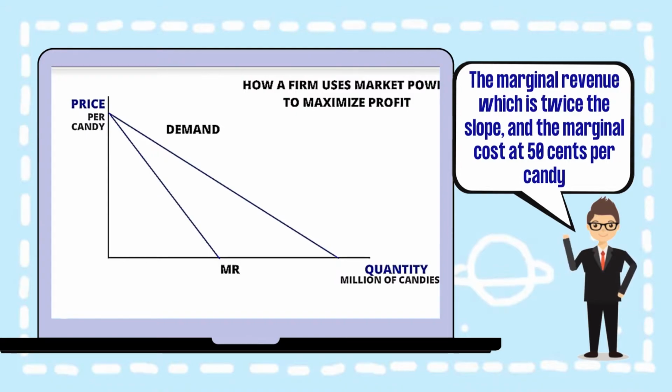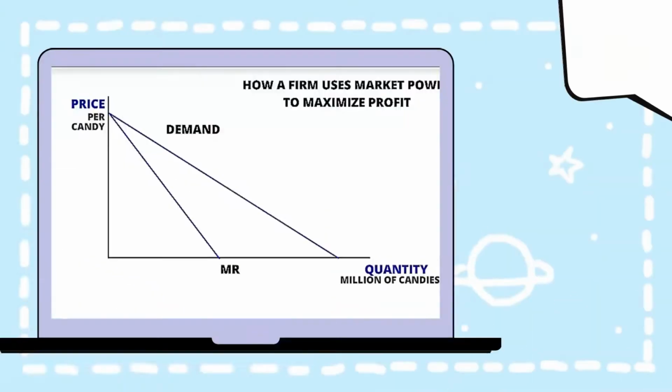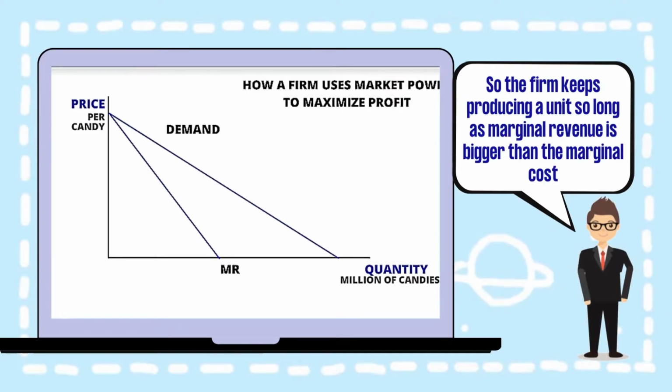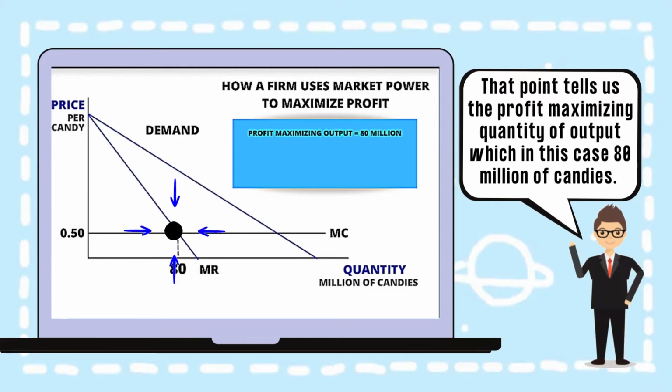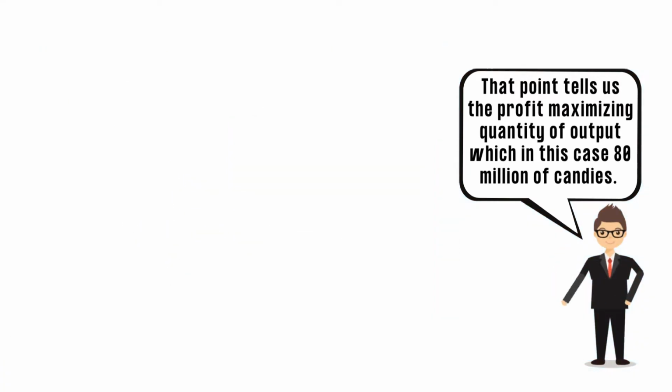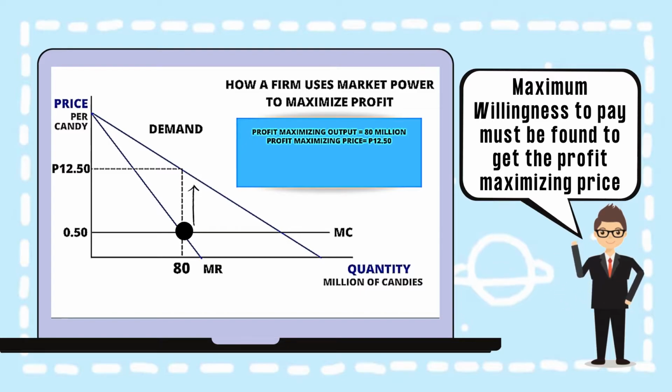If marginal revenue is bigger than the marginal cost, then that's a profitable unit to sell. So the firm keeps producing a unit so long as marginal revenue is bigger than the marginal cost, until the marginal revenue equals the marginal cost. That point tells us the profit maximizing quantity of output, which in this case is 80 million candies.